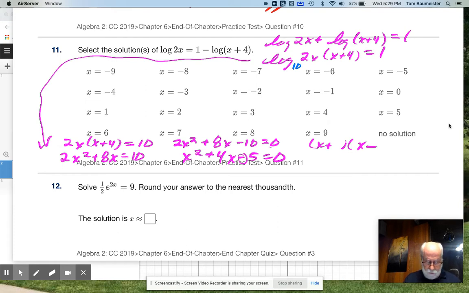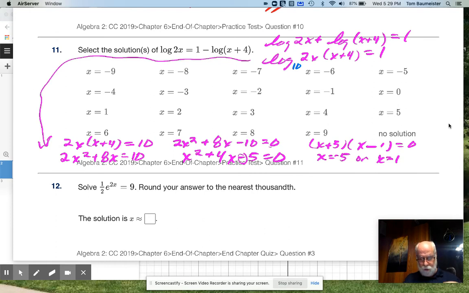And what are factors of 5 that when I add them will give me a positive 4. So I'll have plus 5 minus 1 is equal to 0. Okay? So now, by the zero product property, I know that x is equal to negative 5 or x is equal to positive 1.